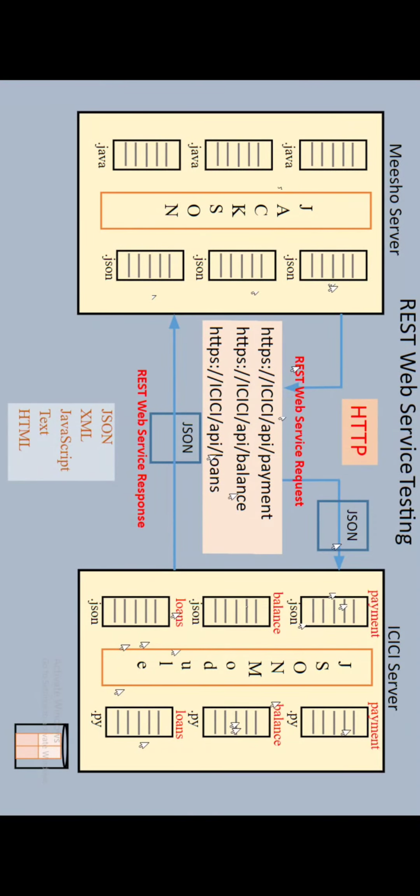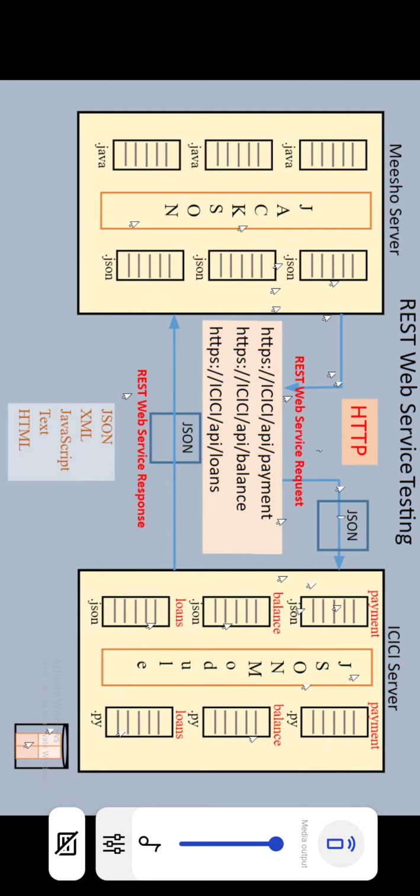Then with the help of PyODBC database connectivity, it connects to the database, extracts the valid data, and gives a response back. Again we convert with the help of the JSON module, which is serialization, and it gives the response in JSON format, which we get as a REST web service response.